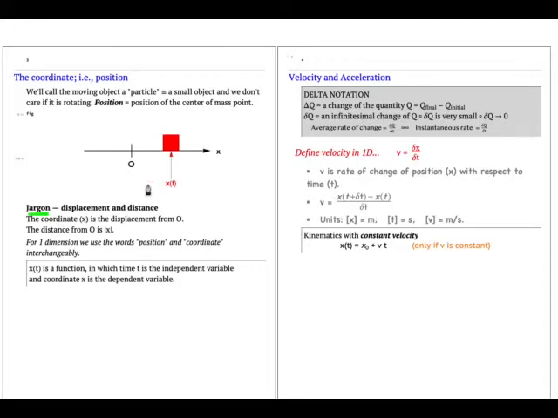The coordinate, x, is the displacement from the fixed point, O, the origin. Now, the displacement can be positive or it could be negative. This shows a position which is a positive displacement.